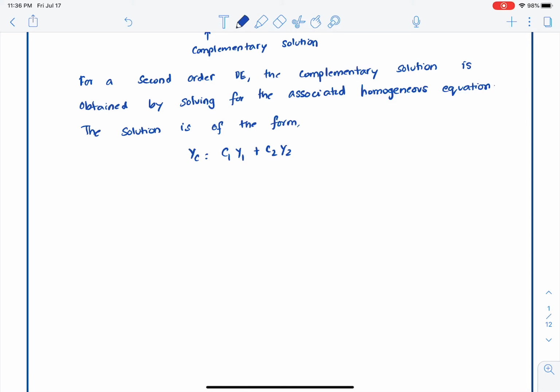Naturally, both y1 and y2 will satisfy the DE, ergo yc will satisfy the DE also, because that is a linear combination of y1 and y2.